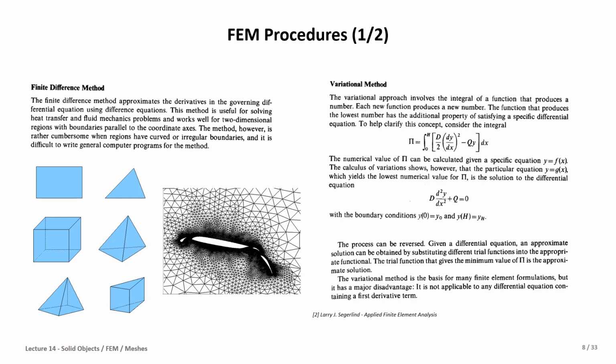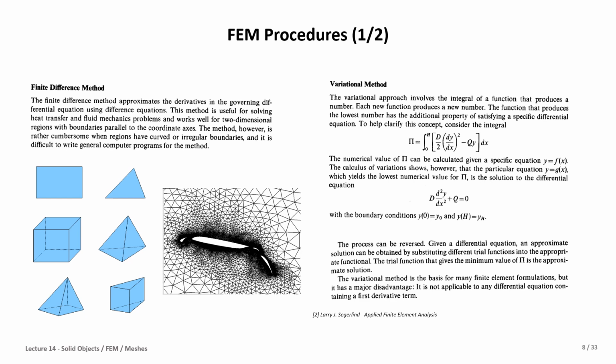We talked enough about the finite difference method when we said it's applicable to heat transfer and fluid mechanics problems, and especially it works for two-dimensional problems, and when the boundaries are parallel to the coordinate axis.